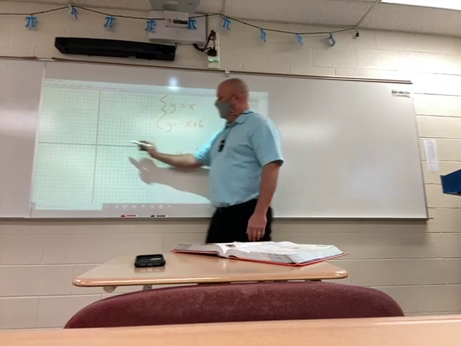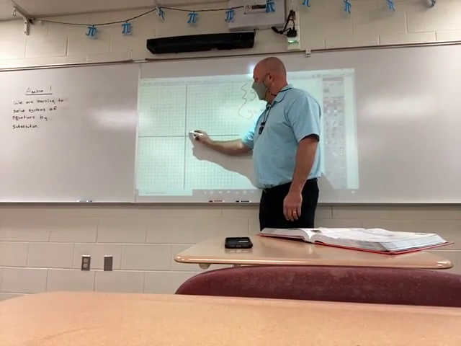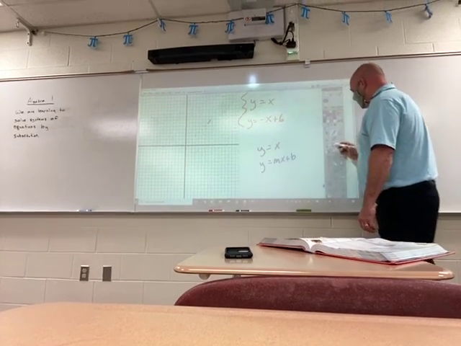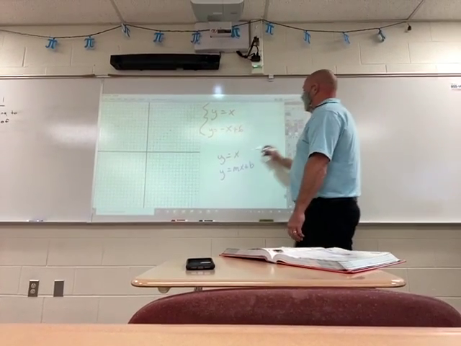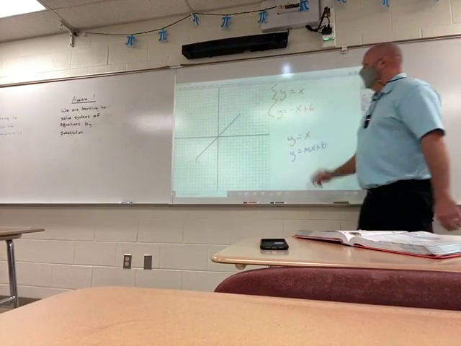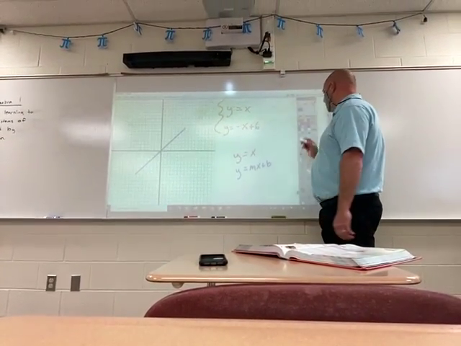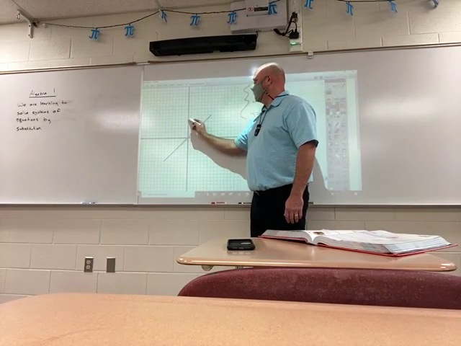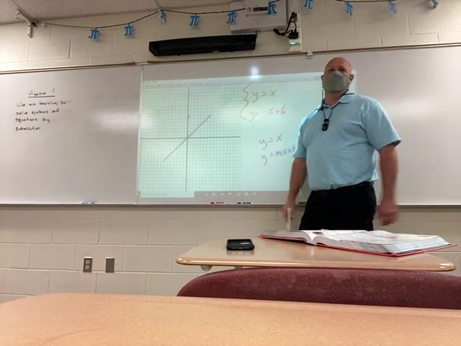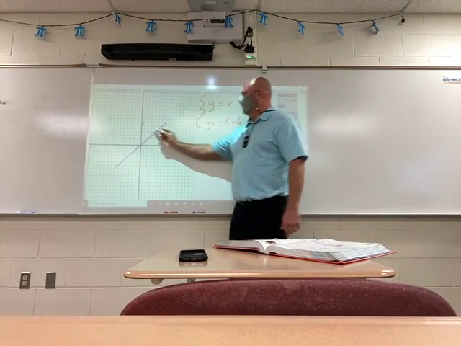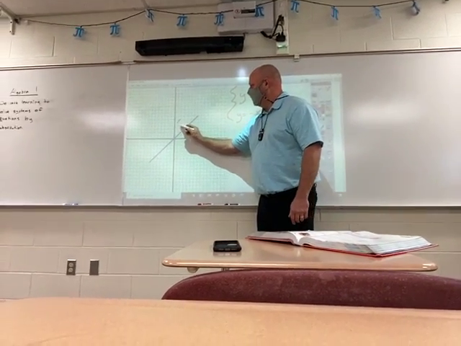So I would start at 0 and go up 1 over 1. And then I would draw that line. Okay. And then this one, where do I start? Start at 6. 1, 2, 3, 4, 5, 6. And then what's my slope? Down 1 over 1, so down 1 over 1.